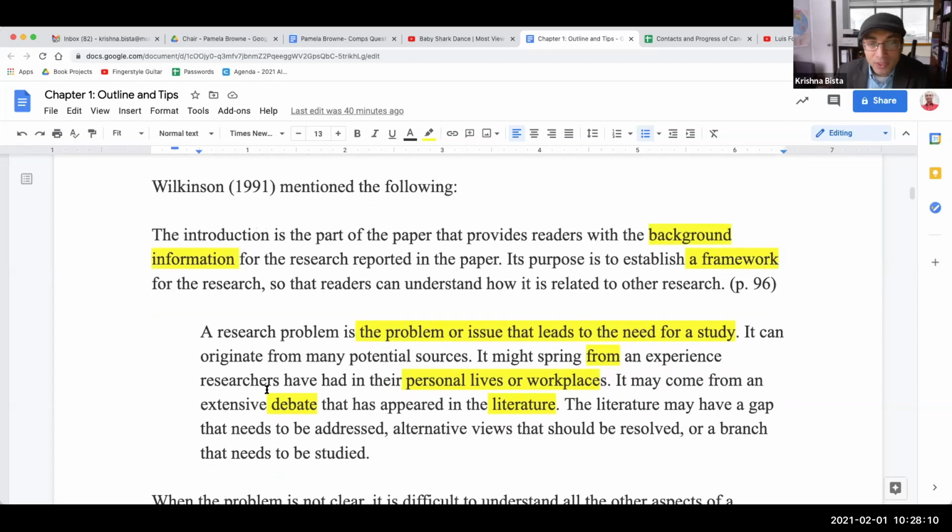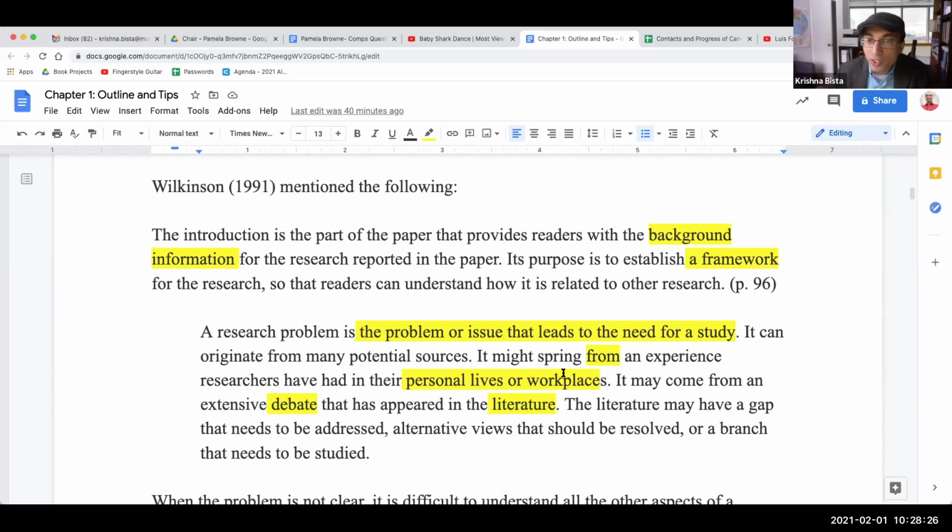And here is the standard definition of the research problem or the introduction: it is the problem or the issue that leads to the need for the study. So you are painting a picture of why readers should care about your study.